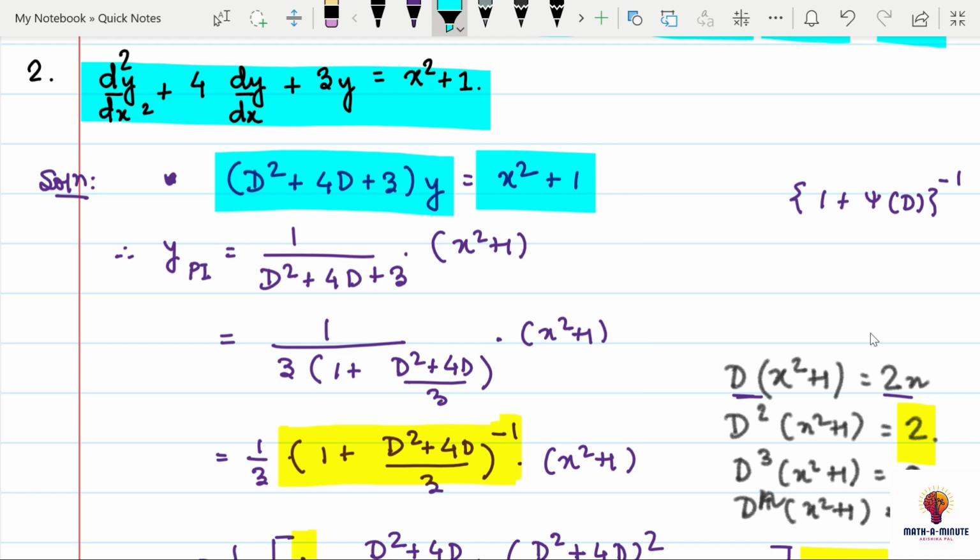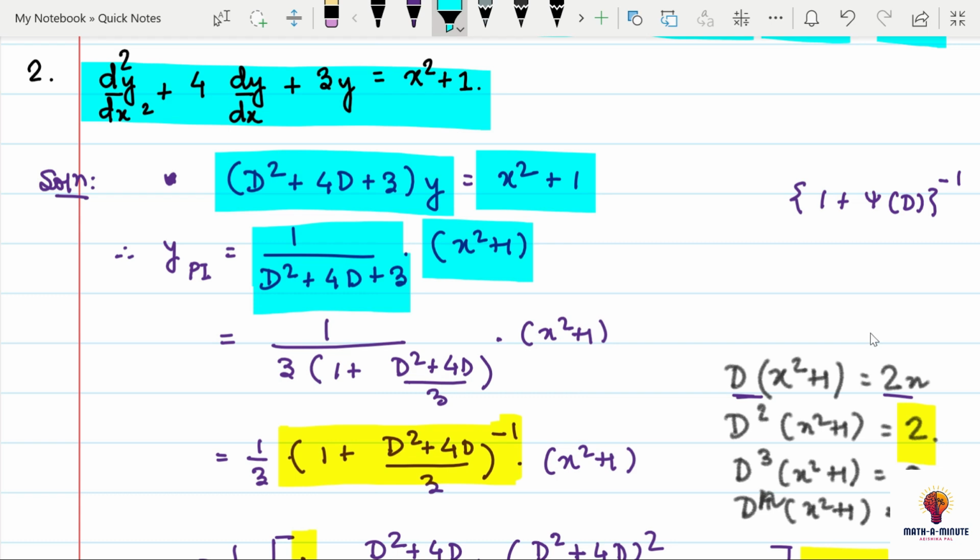I hope you can find the complementary function. Let me just discuss the particular integral. Here the particular integral will be 1 by f of D. So f of D is D square plus 4D plus 3, and the given right hand side part is x square plus 1. So basically x square plus 1 is a polynomial function.